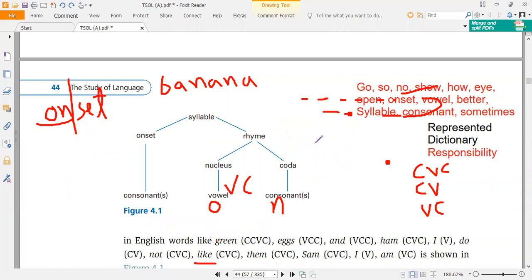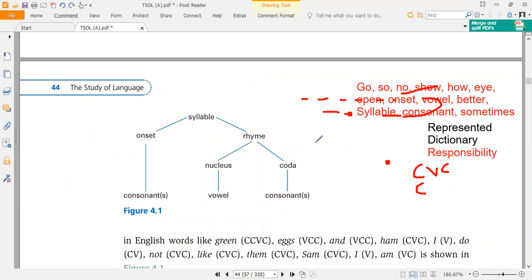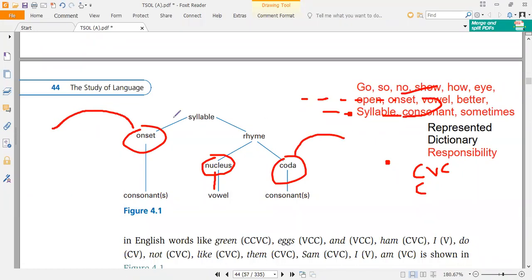Remember one most important thing: we may have a syllable without onset, we may have a syllable without a coda, but we can never have a syllable without a nucleus, which is the vowel. Or in simple, non-technical terms, we may have a syllable without the initial consonant, without the final consonant, or without both, but we can never have a syllable without the nucleus.